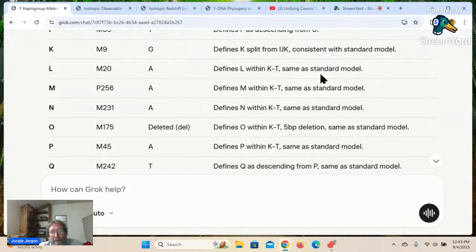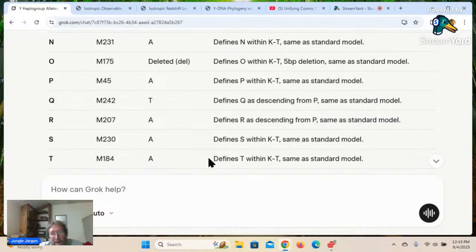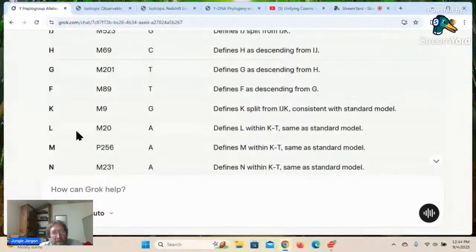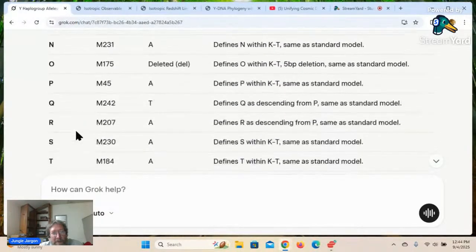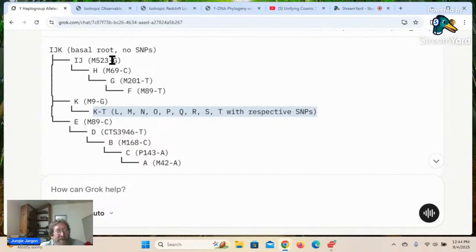L defines L within K through T. And then there's the T, defines T, because the L and the T are together, but we can straighten that out. But anyways, this is good because we're starting to get the model.